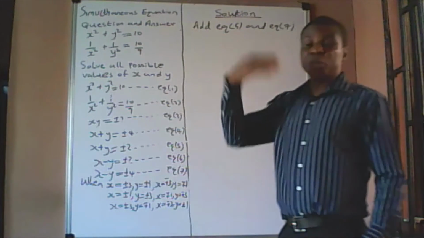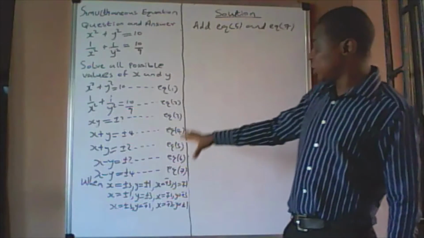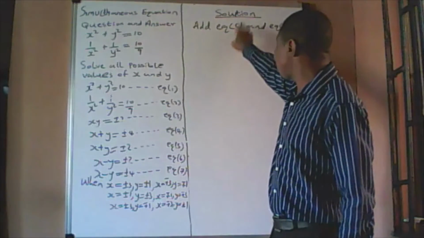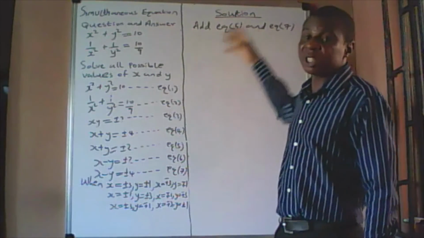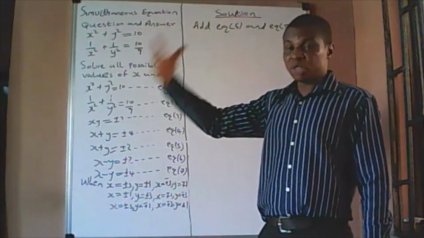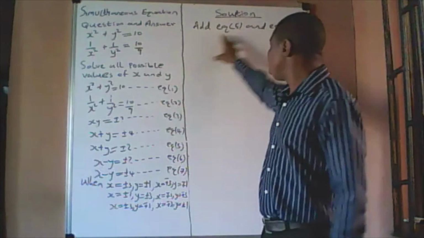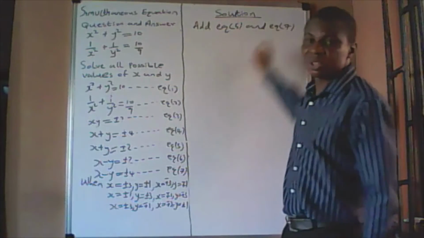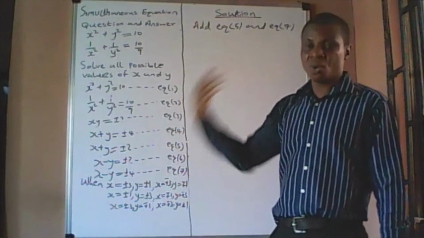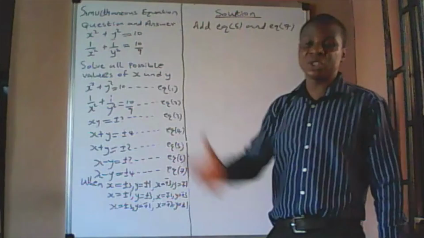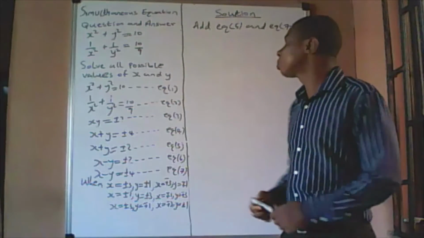Remember that we have 4 possible ways to consider the 2 equations, equation 5 and equation 7. I've already considered 2 possible ways of considering equation 5 and equation 7. Now let us consider another one, because I have 4 possible ways you can consider the equations.